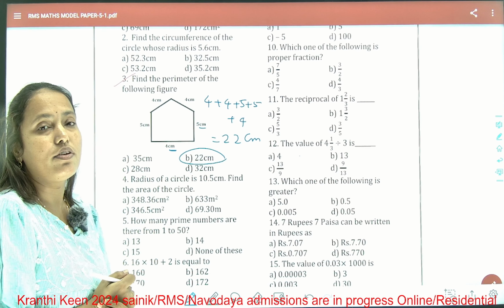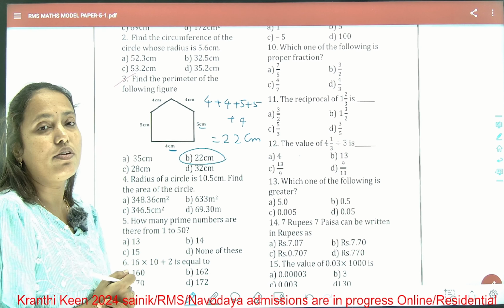And next, complementary angles and supplementary angles. It is also very important in angles. What is complementary? What is supplementary? Children will confuse complementary and supplementary. We need to remember that complementary is nothing but 90 degrees, supplementary is nothing but 180 degrees.